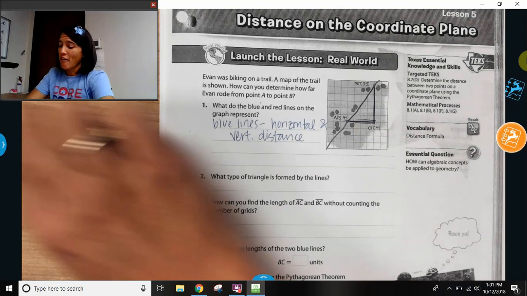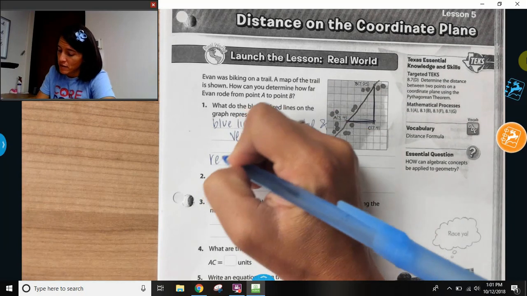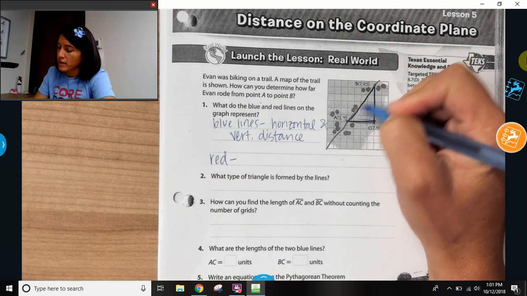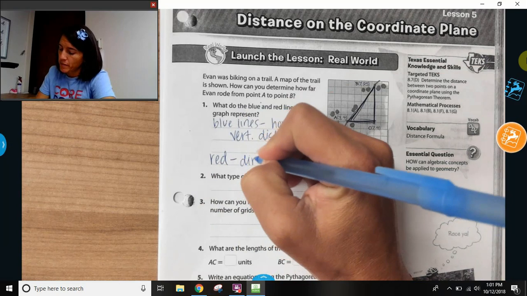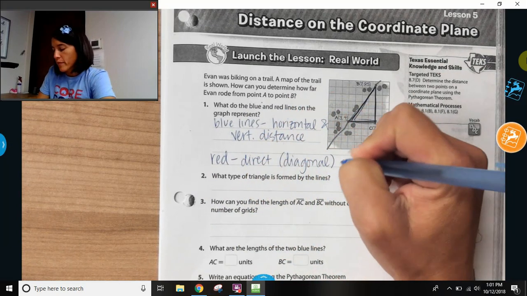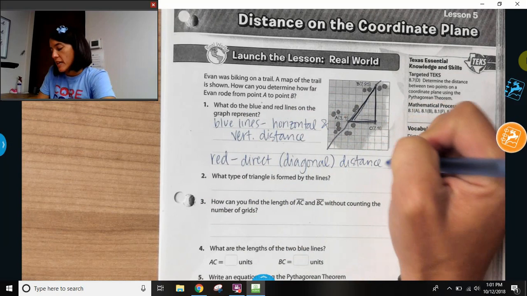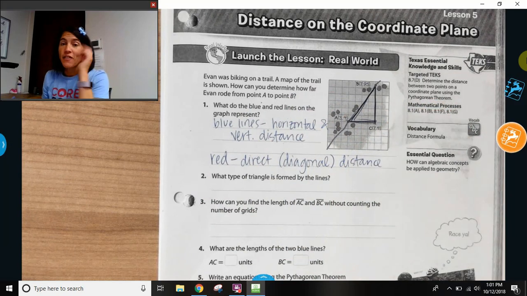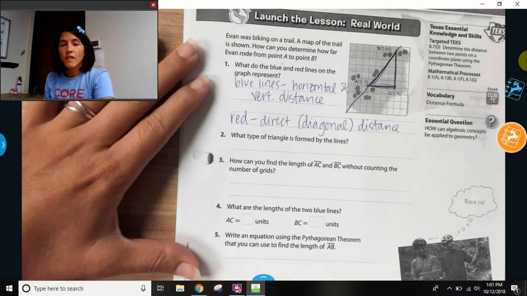I can't remember. And then the red would be the direct distance or the diagonal distance that Evan rode. And if I'm backwards, let me know. But I don't have a copy in front of me of the colored page.